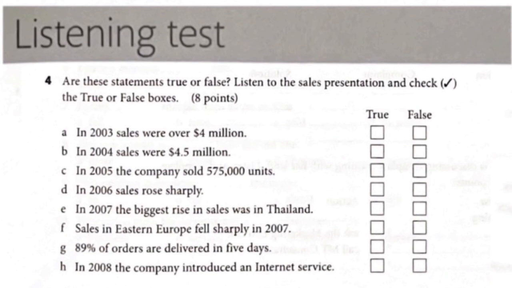Business improved again in 2007. We increased sales in every market, especially in Asia. Sales increased in Taiwan, Japan, and Malaysia, but the biggest increase was in Thailand. 2007 was a good year for our markets in Eastern Europe, where sales rose from 10% to 38% by the end of the year.